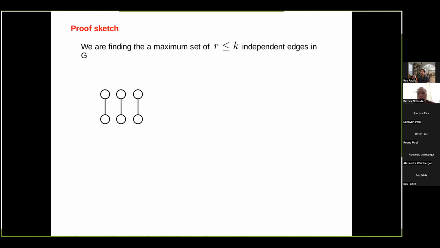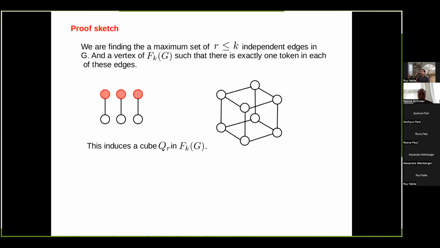Okay. Now we know that these edges are generated by moving a token along one edge, these joined edges. So they must generate a cube of 2 to the R vertices in the token graph. We can generate this cube in polynomial time because these relationships give us where to move.